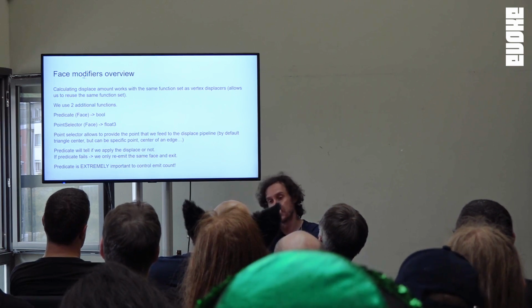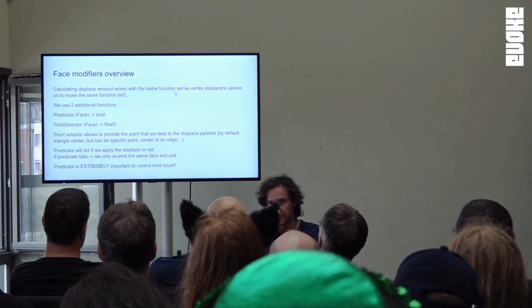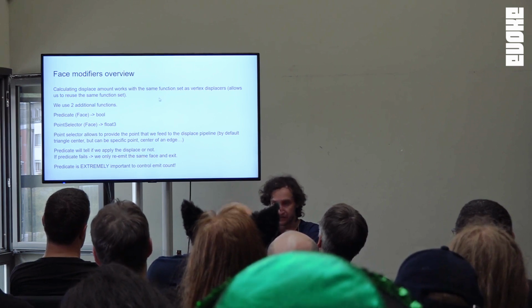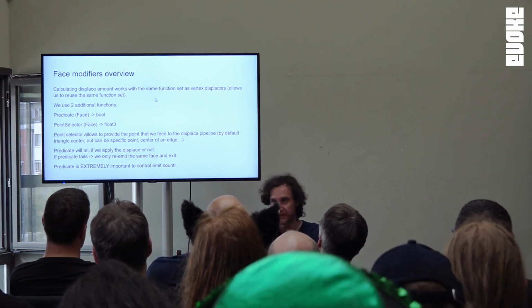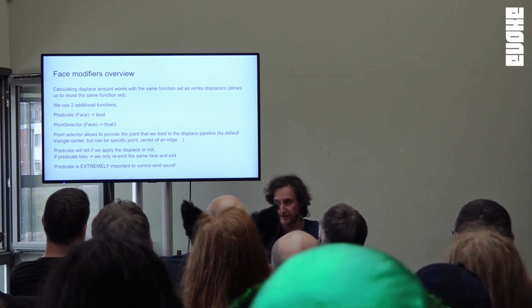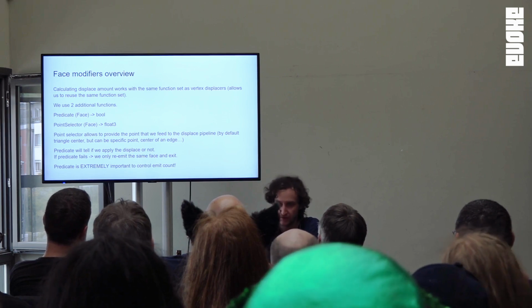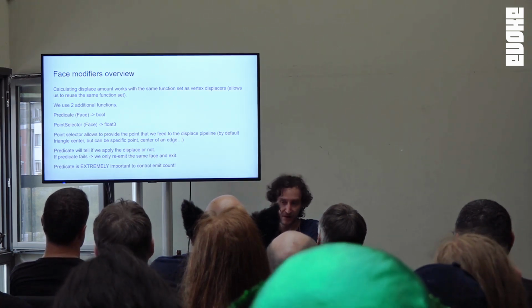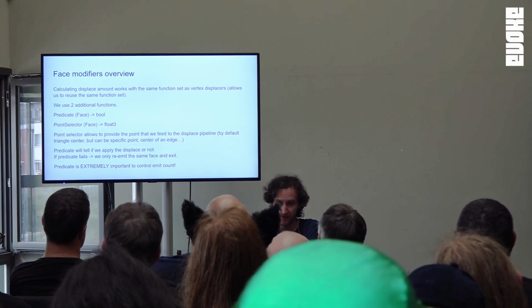So for face modifier, the displacement is exactly the same function set as vertex. That's really cool for us because if I write, for example, a new displace function, I can use it either for a vertex modifier or for any face modifier, which is really great. But we have 2 additional functions. The first one is predicate.